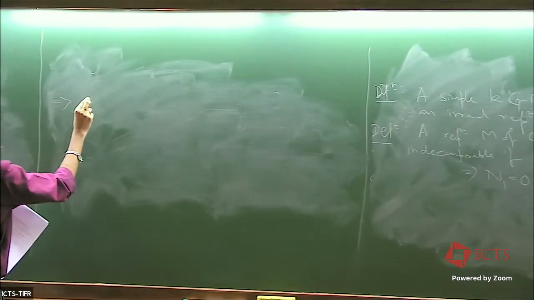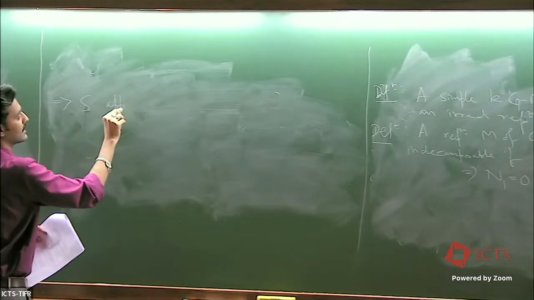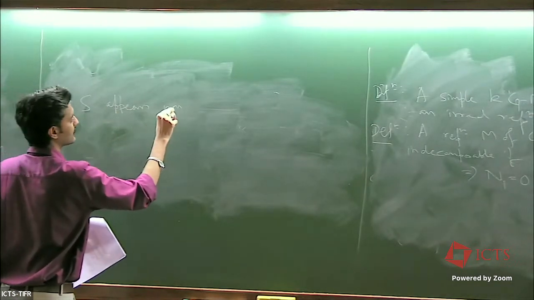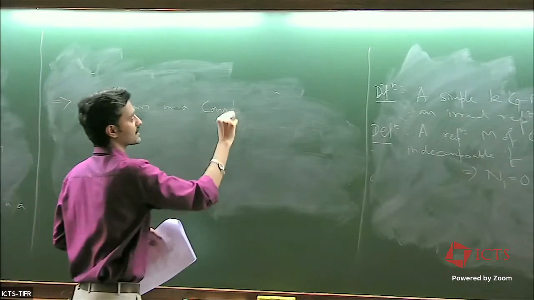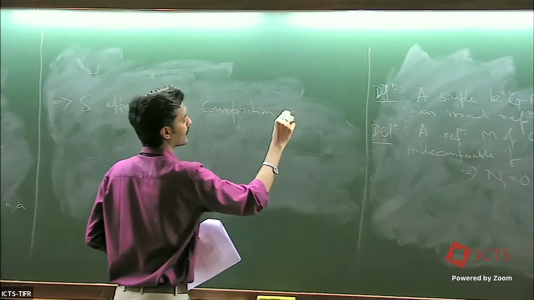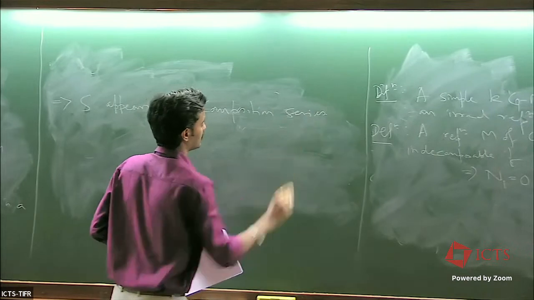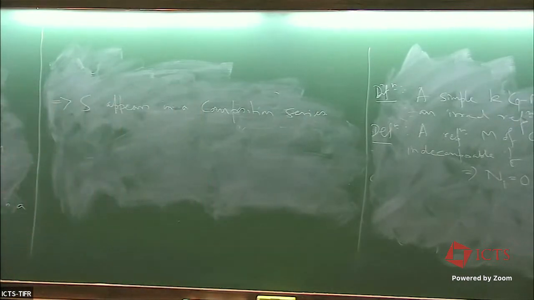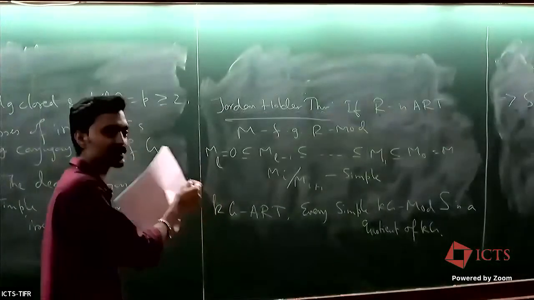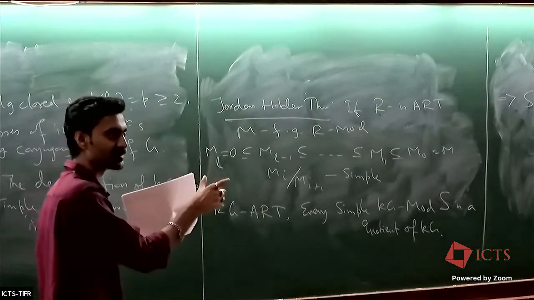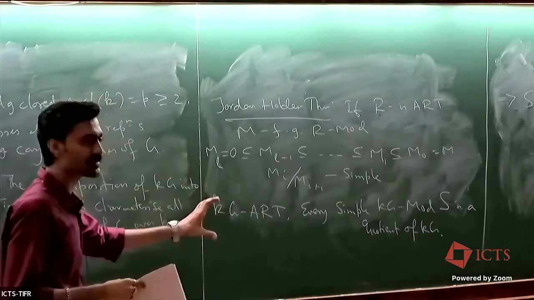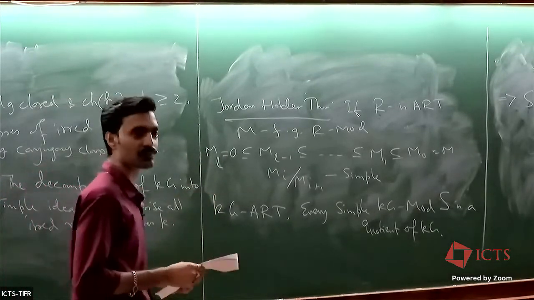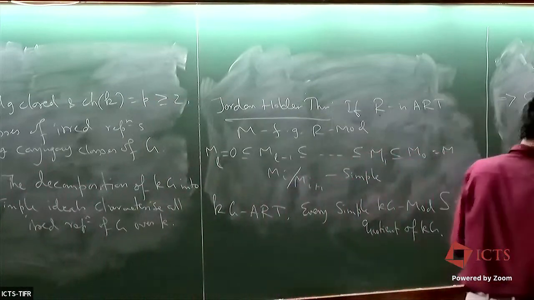And that means this, call it S, appears in a composition series. That is because you start with S and then you have this kg, and below that the kernel of the surjective map from kg to S, and that is again finitely generated, and then keep going down.